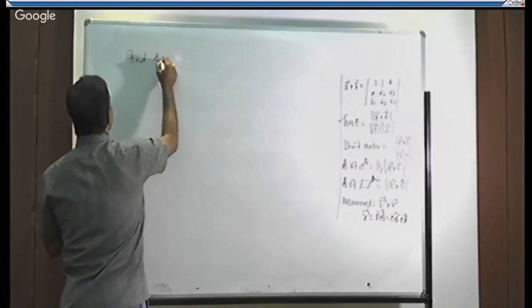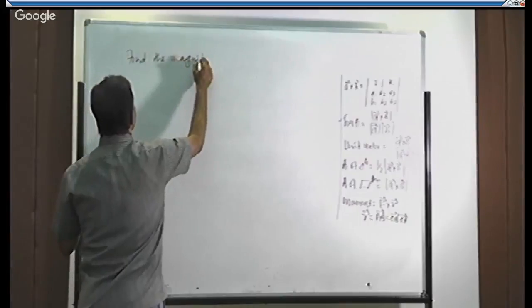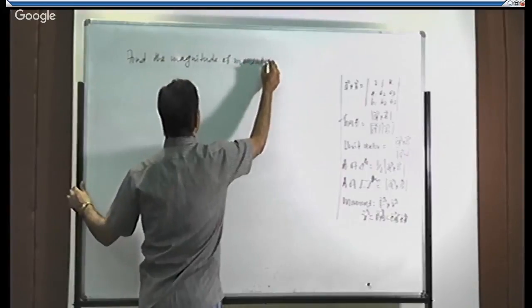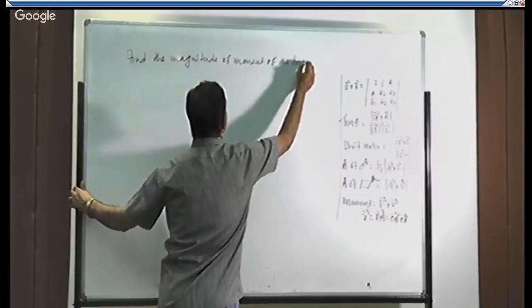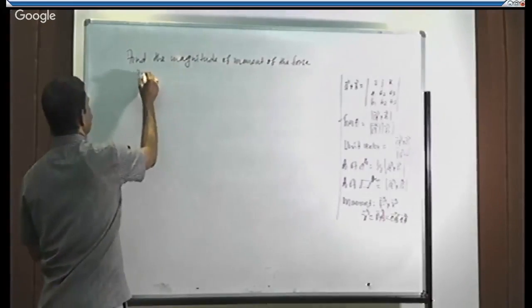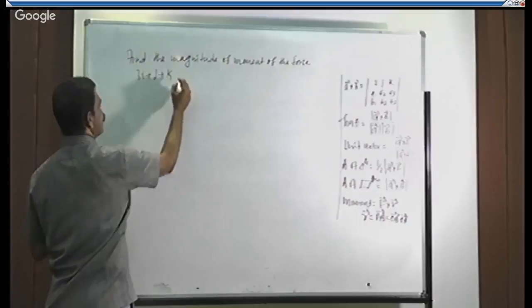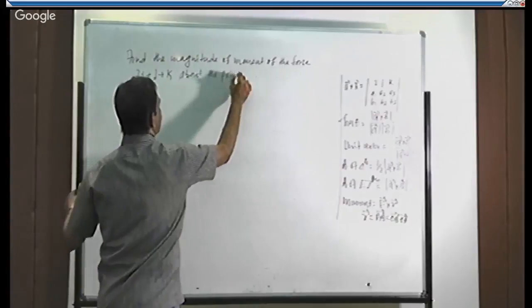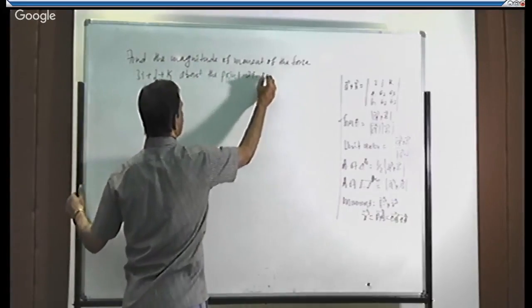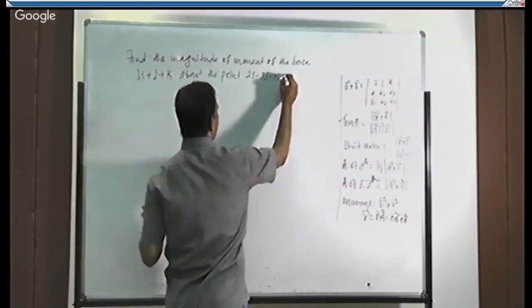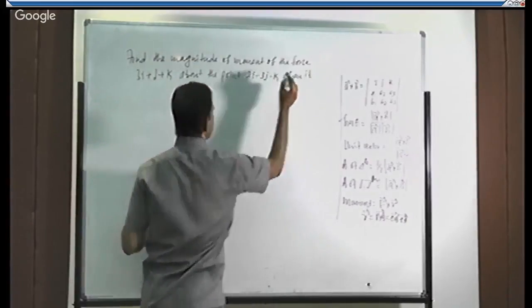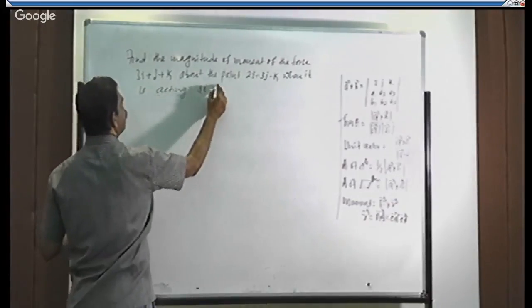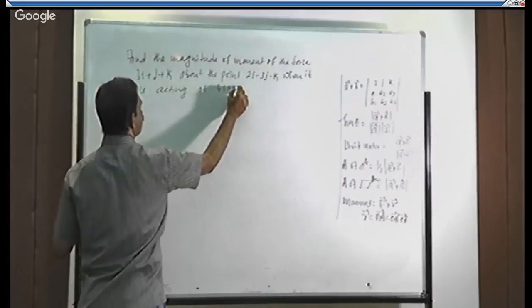Find the magnitude of the moment of the force 3i plus j plus k about the point 2i minus 3j minus k when it is acting at 4i plus j plus 3k.